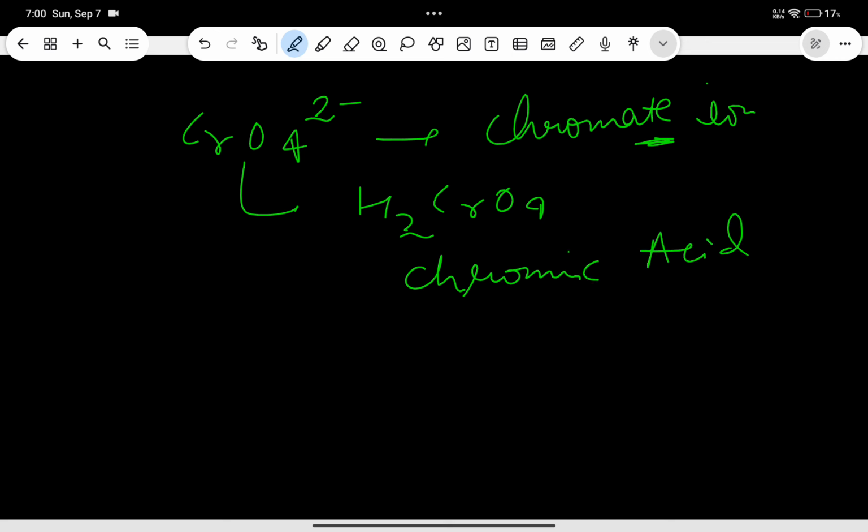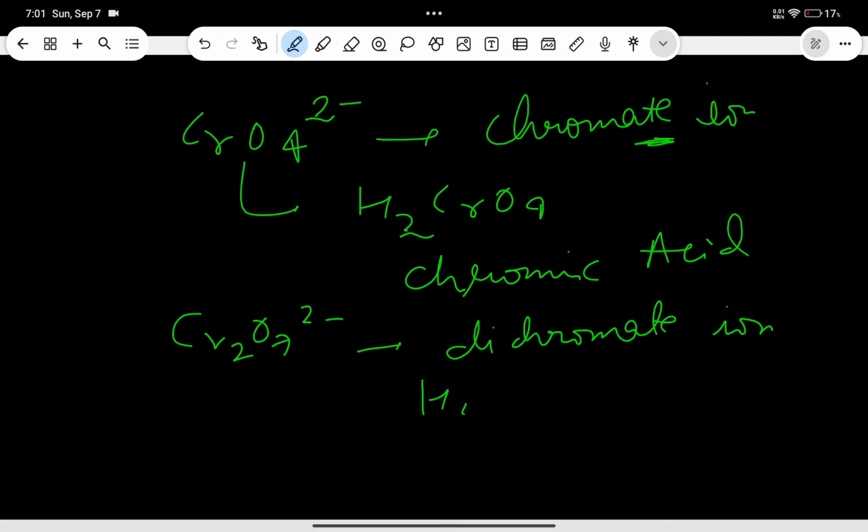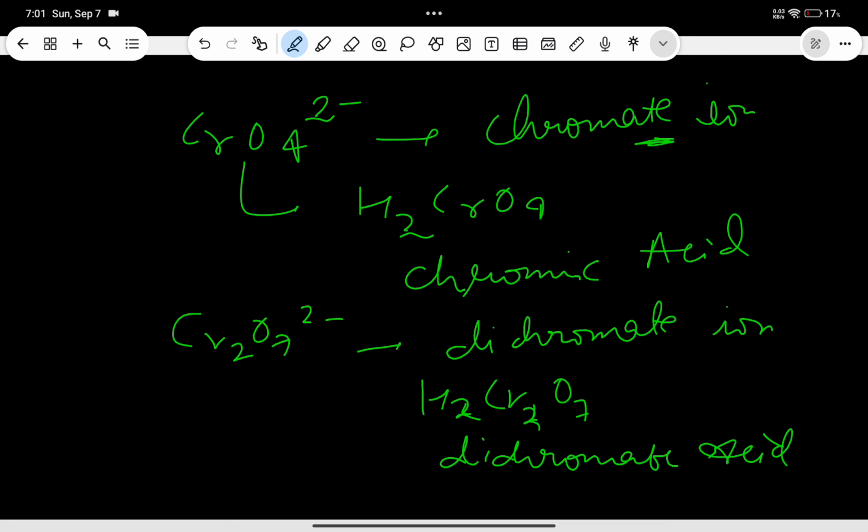Alright, and Cr2O7 2 minus is called dichromate, and the dichromate ion is derived from H2Cr2O7, the very famous dichromic acid.